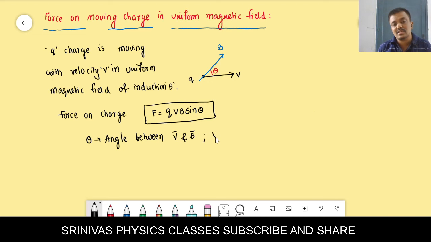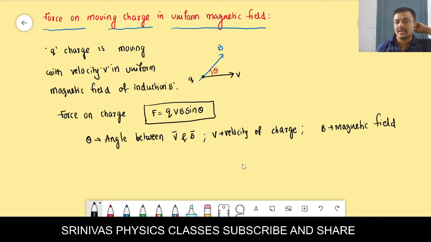V is the velocity of the charge that is moving in the magnetic field of induction B. B is the magnetic induction, or the magnetic field.